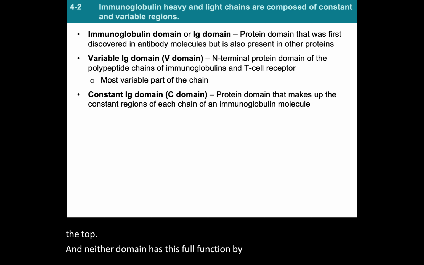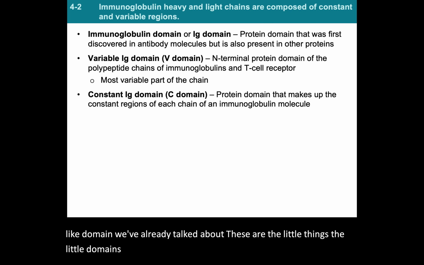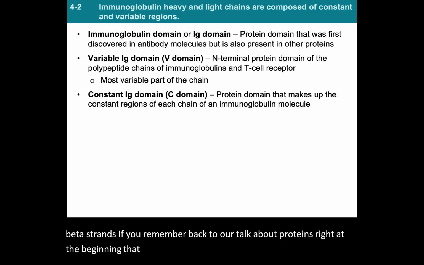Okay, immunoglobulin-like domains, we've already talked about these. These are the little domains that make up an immunoglobulin. They're mostly made of beta strands. If you remember back to our talk about proteins right at the beginning, those are the little ribbons where the protein's all stretched out.